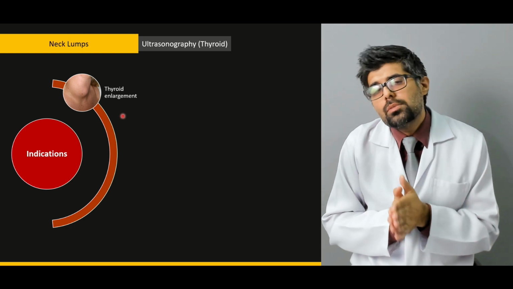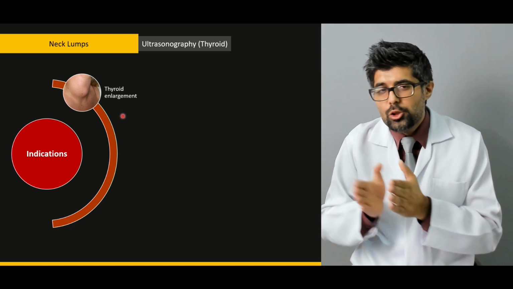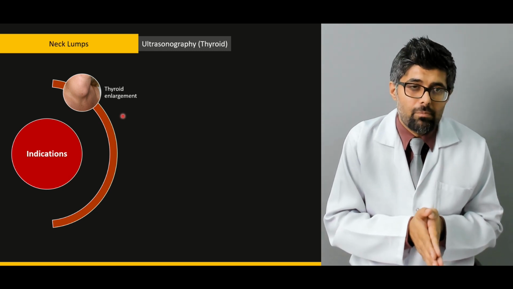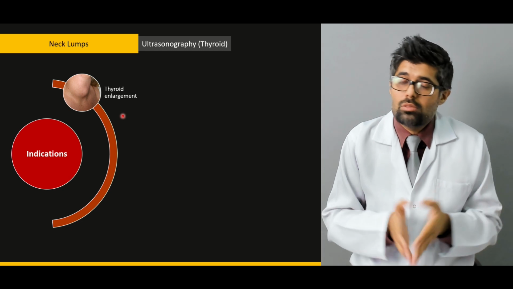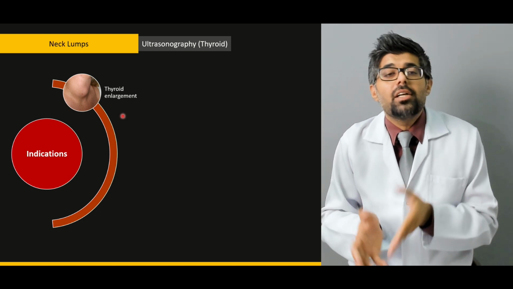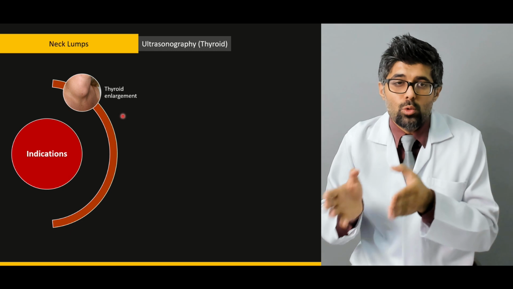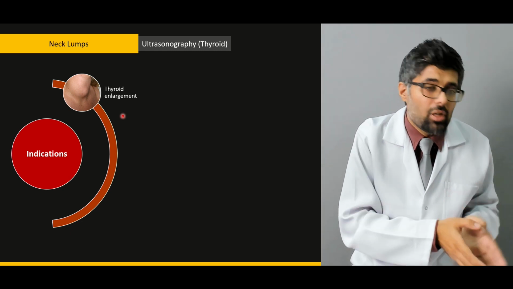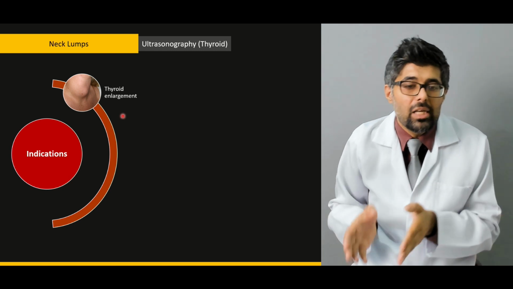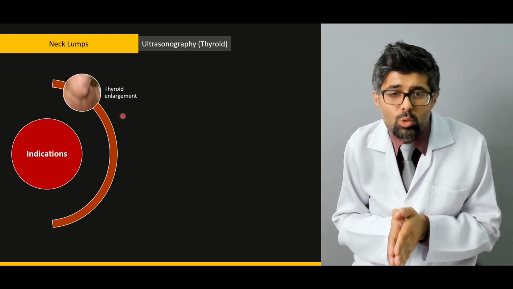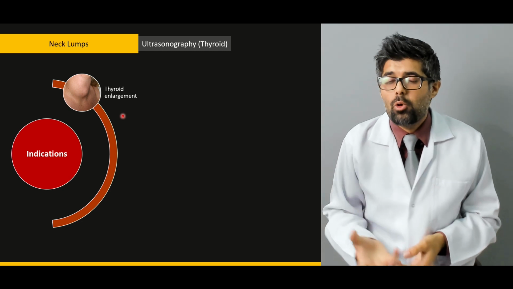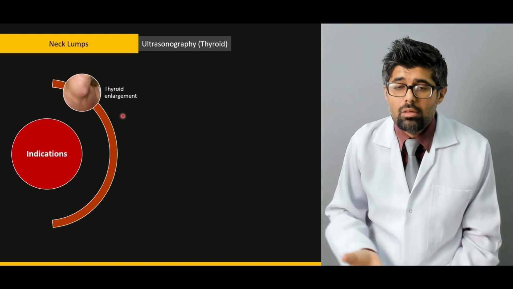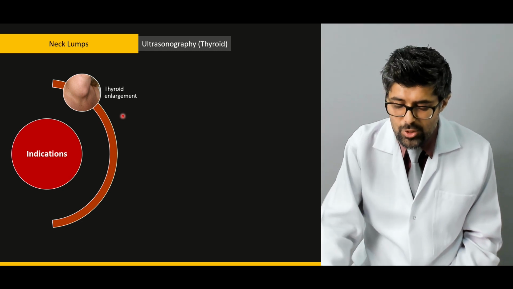For neck lumps of thyroid, the choice of imaging is usually ultrasonography. Why? Because it's accessible and it is the best way to differentiate a normal, benign nodule from a malignant one. So, when are the thyroid nodules or neck lumps imaged?